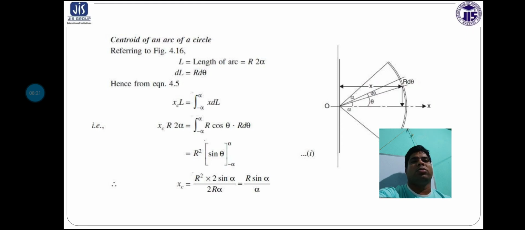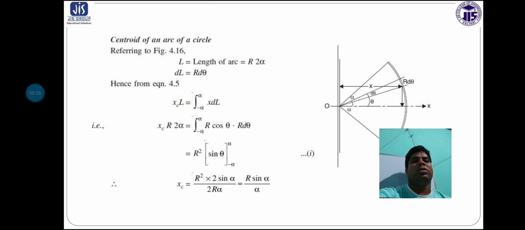The length of the arc is equal to 2r into 2 alpha. So dl, a small portion of the arc, is equal to r d theta. Now xc L is equal to the integral from minus alpha to alpha of x dl. So xc L is equal to r into 2 alpha, and the integration from minus alpha to alpha of r cos theta, r d theta.